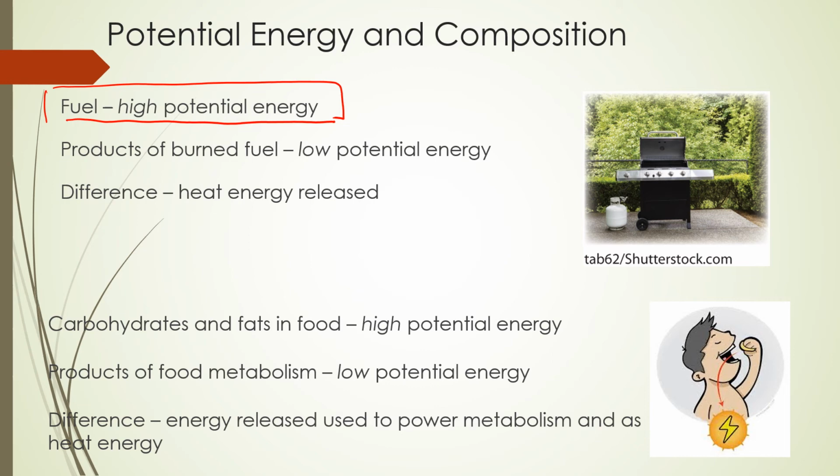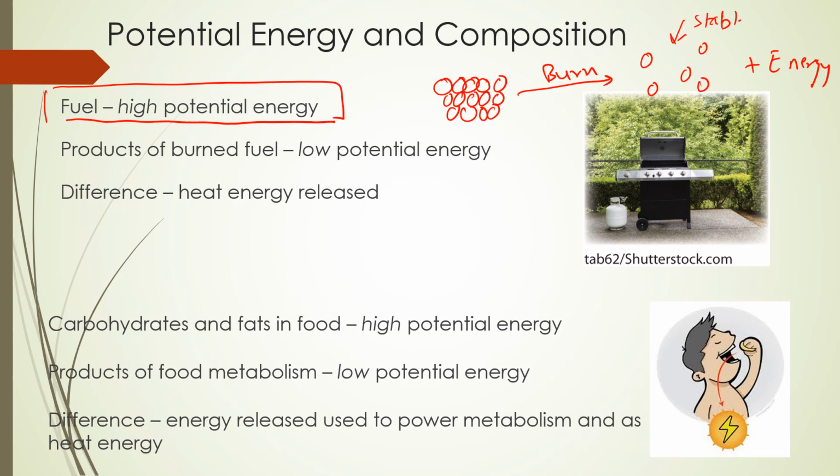So imagine these are fuel particles, and when we burn it, we let go of these particles, plus energy is released. Now these particles have released the energy, that's why they are now stable, because they have low energy.